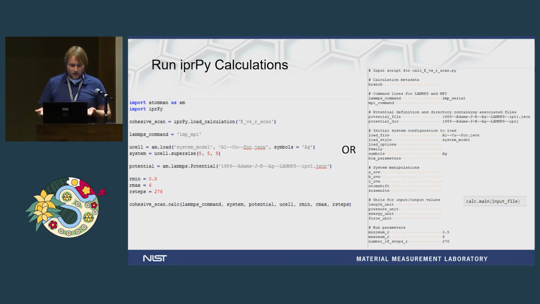So what does this look like in action? Once you have an implemented calculation, on the left-hand side, you can load a specific calculation, you define your parameters that the calculation needs to run, you run it. Or, on the right-hand side, there's this key value text-based input parameter file that all the calculations have. You just simply fill in the values that you need to, pass it into the calculation object, it runs it, and it's done.